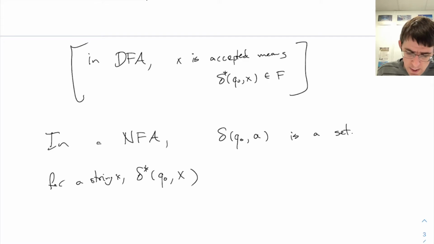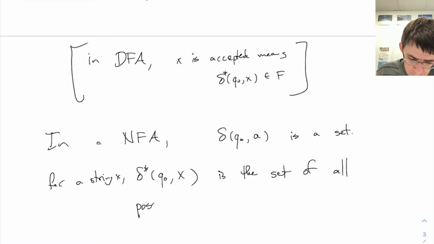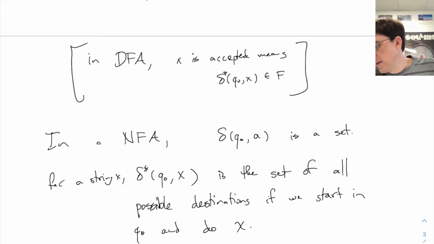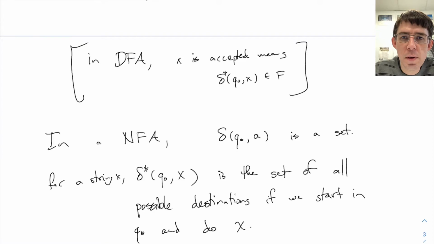So what does delta star of Q0 X mean in an NFA? This is the set of all possible destinations if we start in Q0 and do the string X. All possible places that you could end up, all states which are reachable from Q0 by using the string X. For a DFA, there's only one possible place you can end up, so it's a little simpler.